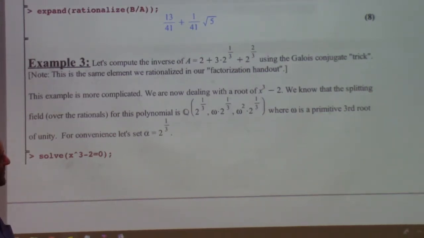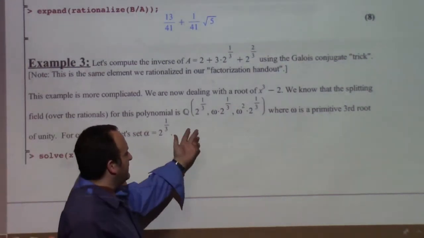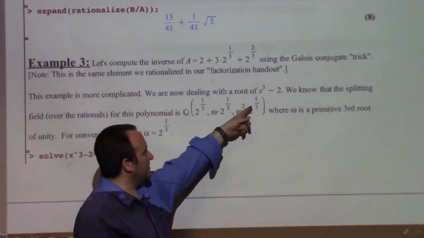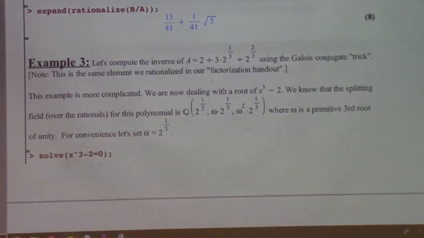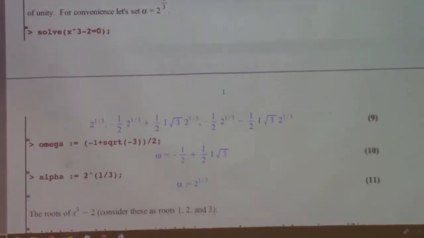2 plus 3 times the cube root of 2 plus the cube root of 2 squared. How do you bring that out of the denominator? Well, he says the place to look is the splitting field for x cubed minus 2, which we've talked about before, right? Now, this is a very greedy description of it, but these are the roots of that. And so he gives labels to these roots.